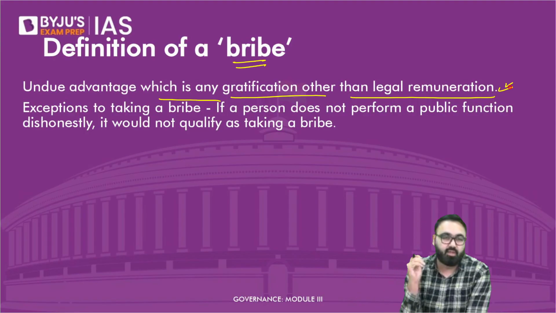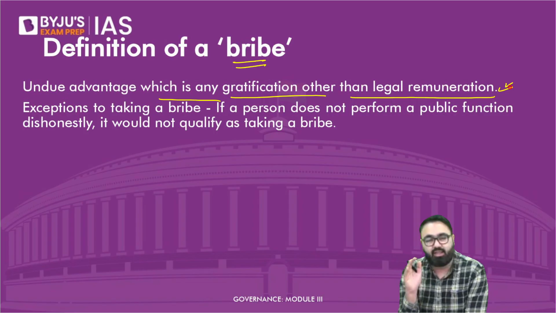But no, even anything else, like giving you an expensive gift, giving your wife, your husband or your parents an expensive gift, building a new house for you, any of these gratifications are a part of bribe because they are over and above the salary that you are supposed to get.